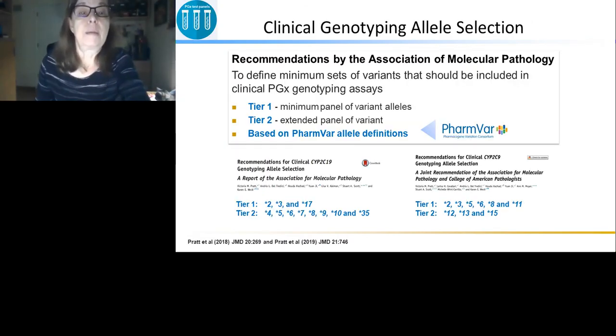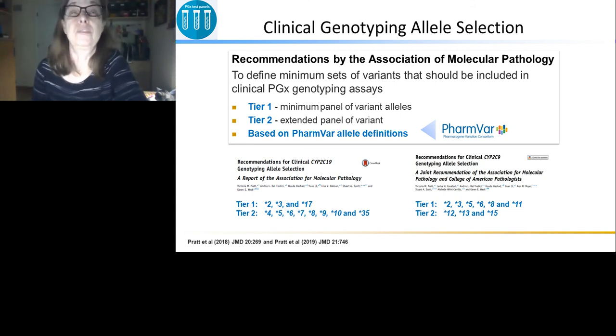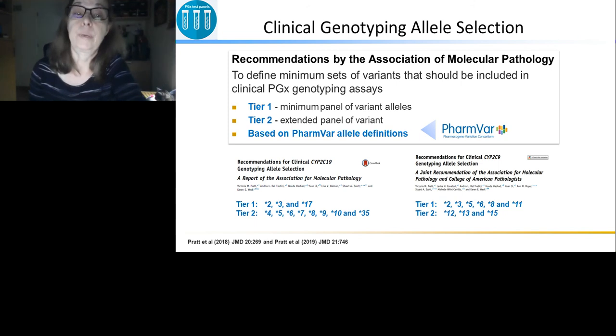Then, of course, there are so many different clinical labs out there, and everybody is doing testing slightly differently by method or what they test for. And so the Association for Molecular Pathology has started to come up with clinical genotype allele selection recommendations. They are using a two-tiered system. Tier 1 is a minimum panel of alleles that should be tested. Tier 2 is an extended panel of variants.